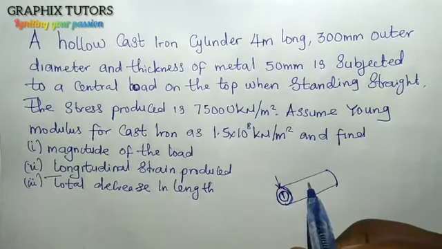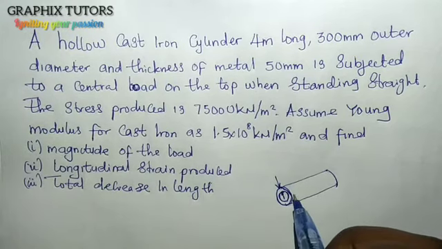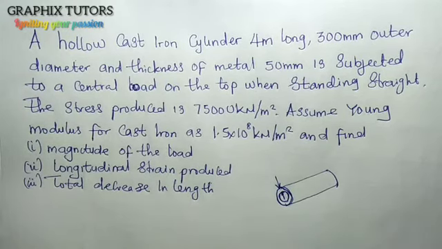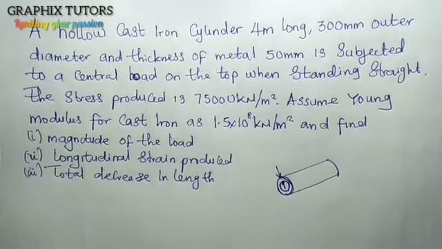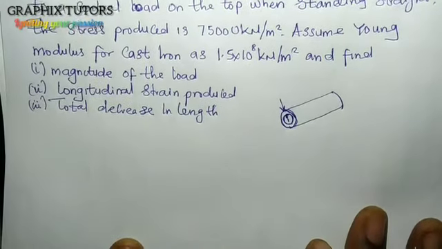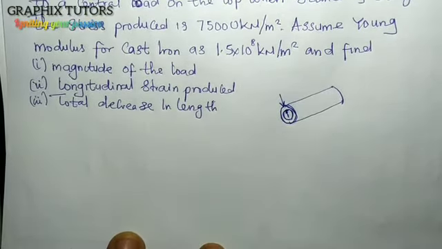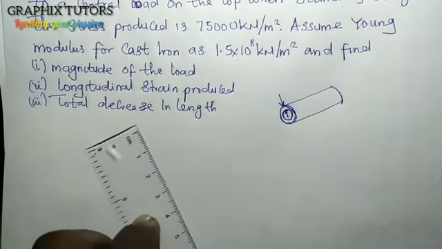Thickness, right? So if I'm to draw this in my orthographic projection, I'll have something like this. When you look at a pipe straight ahead, you see something like this. It is standing straight.